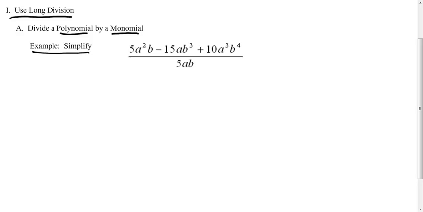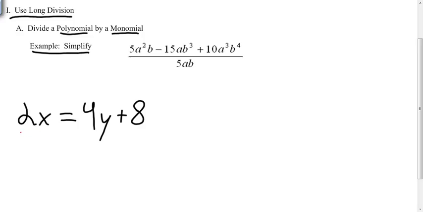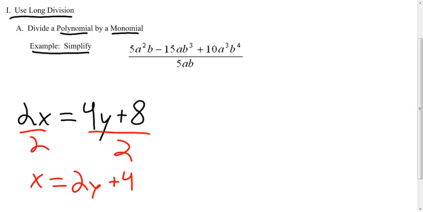And so a concept to be thinking of here is looking back to our equations. If we had 2x equals 4y plus 8, and we wanted to solve for x, well, we would divide each side by 2. In the end, that would leave us with x equals 2y plus 4.